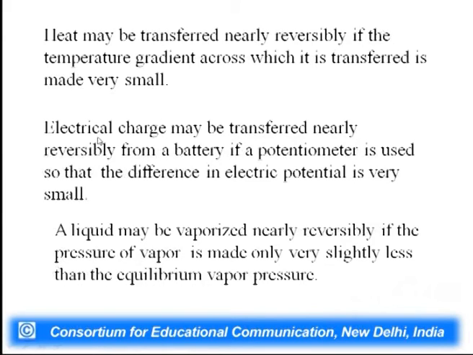Similarly, electrical charge also can be transferred reversibly from a battery if a potentiometer is used, so that the difference in electrical potential is very small. Similarly, a liquid may be vaporized nearly reversibly if the pressure of vapor is made only very slightly less than the equilibrium vapor pressure.